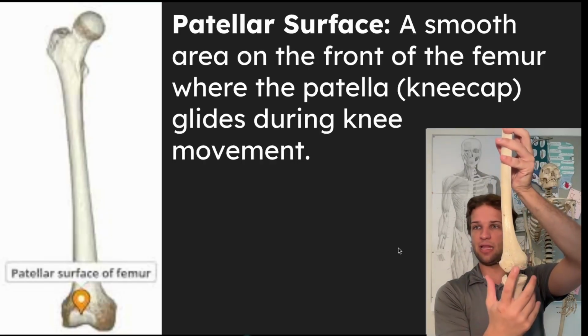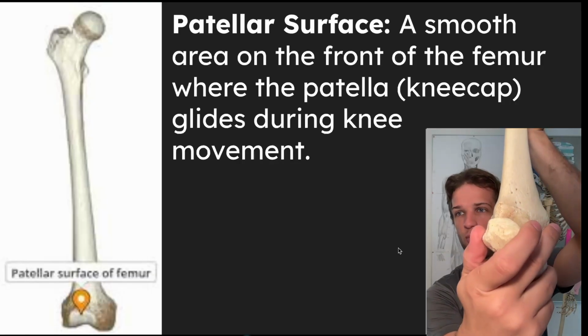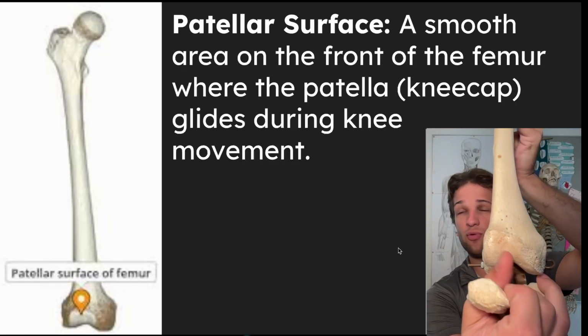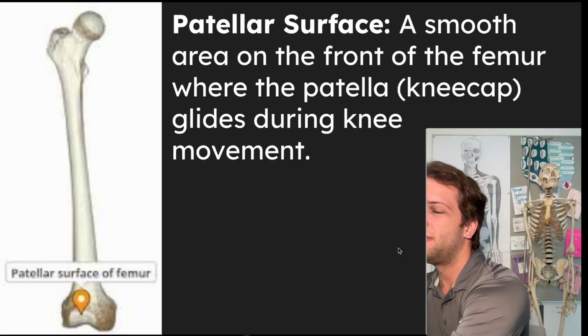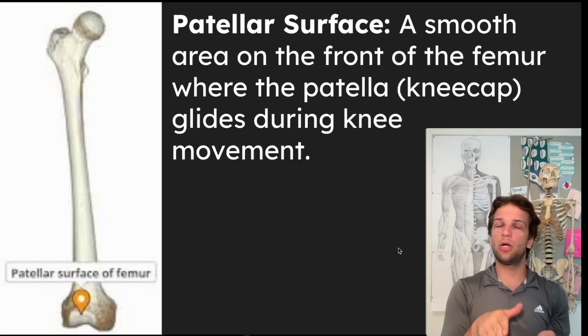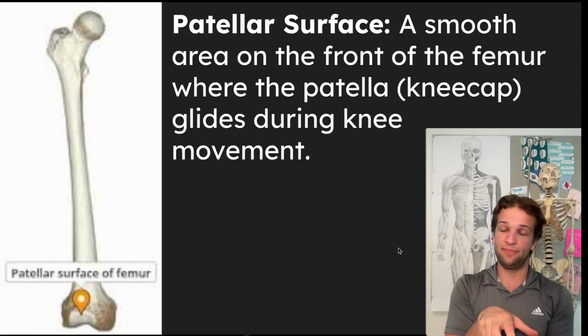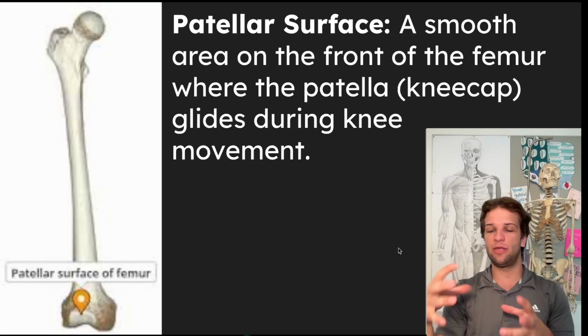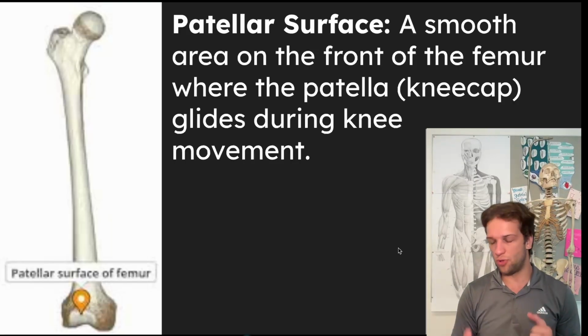So you have the patella, this kneecap bone, and where that patella sits is going to be right on the patellar surface. And so that is just the surface, the kind of smoother part on the front of the femur where the kneecap is going to end up sitting and glide over to make sure that movement at the knee is protected and as stable and supported as possible.